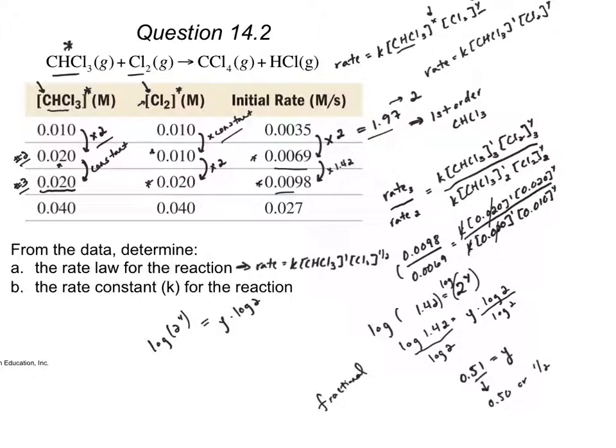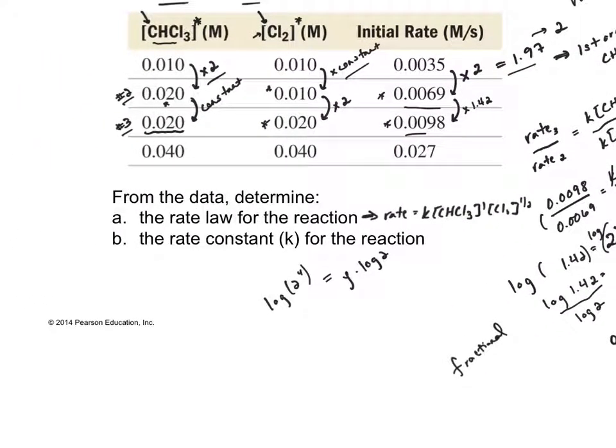And so then the last little bit of this is determine the rate constant for the reaction. So I'm going to go ahead and erase this guy and give myself some room. So with respect to rate constants, once you have the rate law, you can pick any of the reactions, plug in the values, and determine what little lowercase k is.